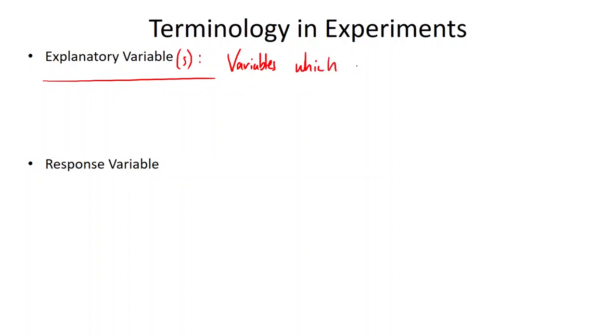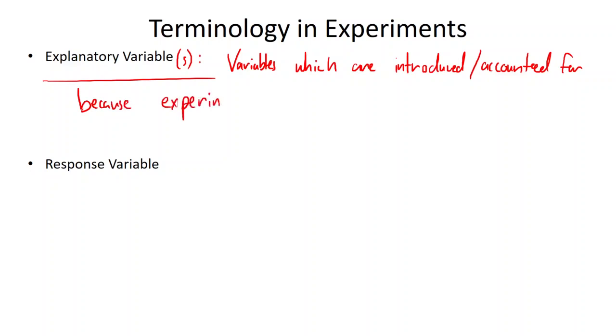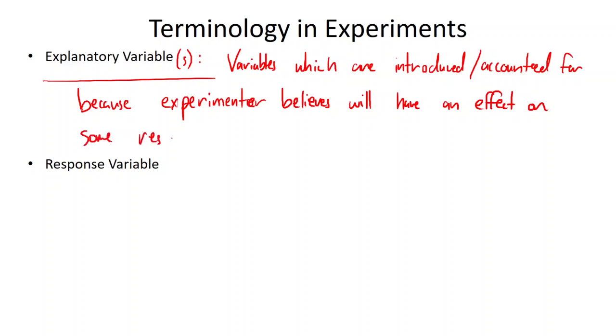which are introduced, or tracked, or accounted for because whoever's running the experiment, I'll say the experimenter, believes these are the things that will have an effect on what we call the response variable.